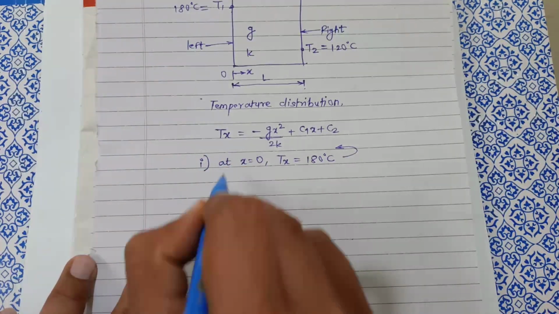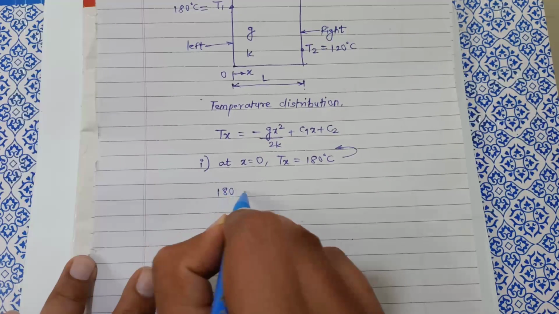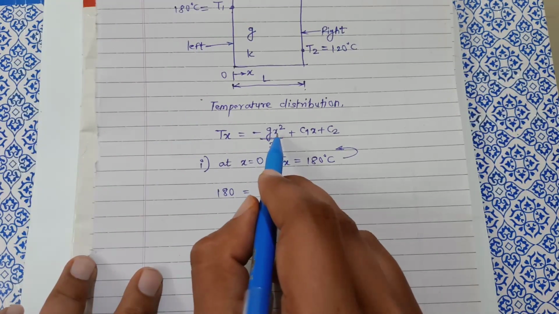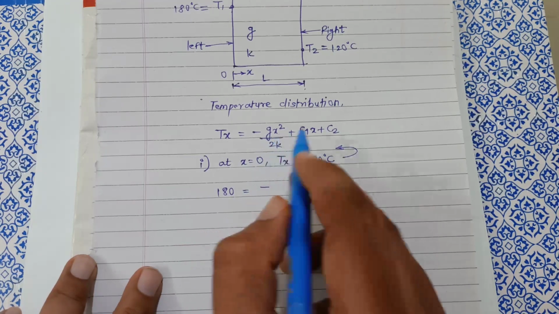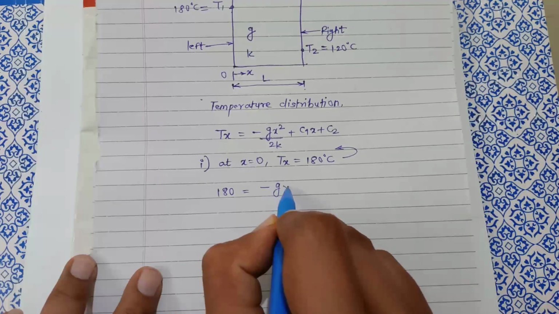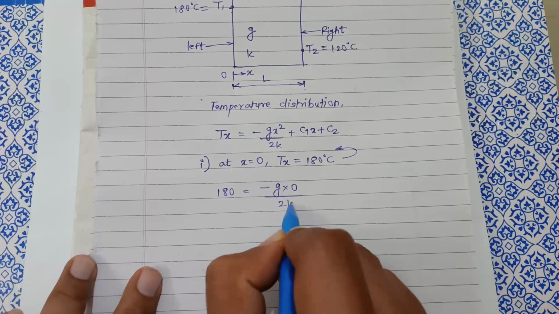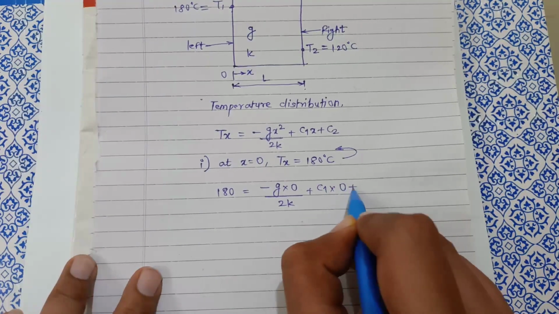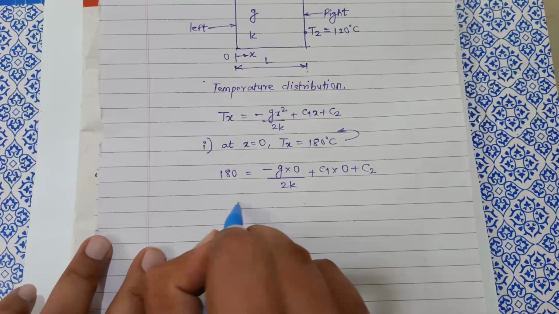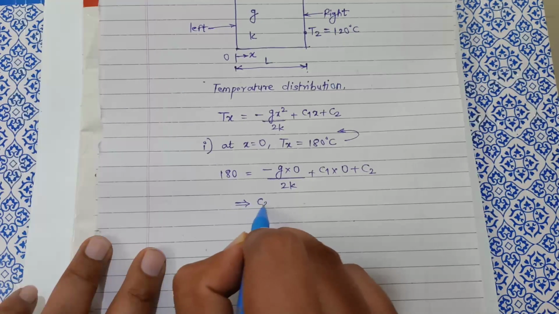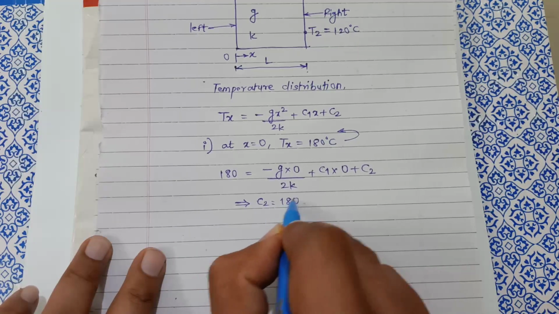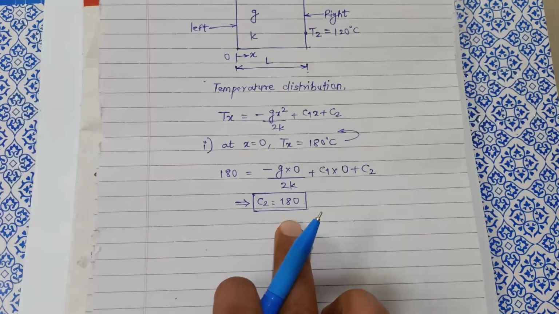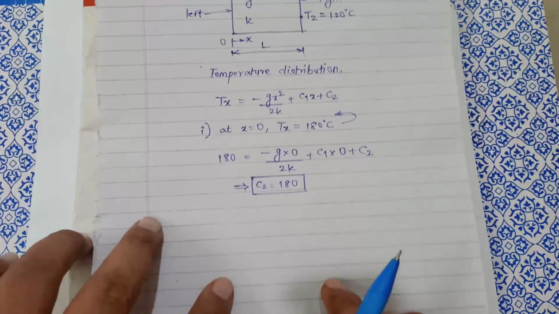So Tx, which is now 180 degrees Celsius, will be equal to minus G multiplied by 0 divided by 2k plus C1 multiplied by x, which is still 0, plus C2. I will not write the value of G and K because x is going to be 0. Ultimately, C2 is nothing but 180. So we have determined the first constant of integration.